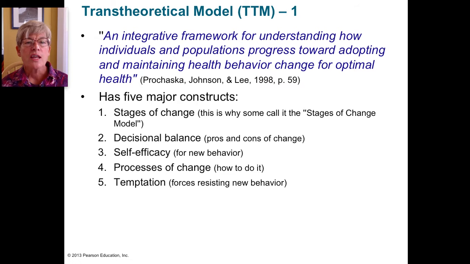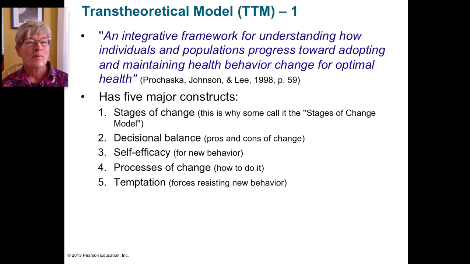Number 1, that change happens in stages, that there are stages of change. And it's very interesting that this model parallels the buying cycle in professional sales. People go through stages when they're making decisions about, for example, buying a new car or buying a house, making some important financial decisions.